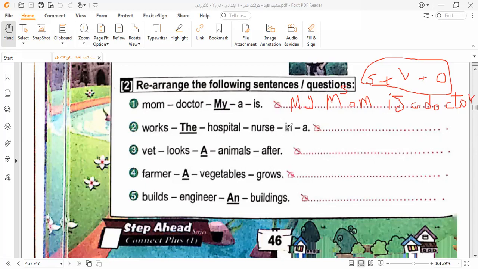What's the hospital nurse in? So the answer would be: the nurse works in a hospital.